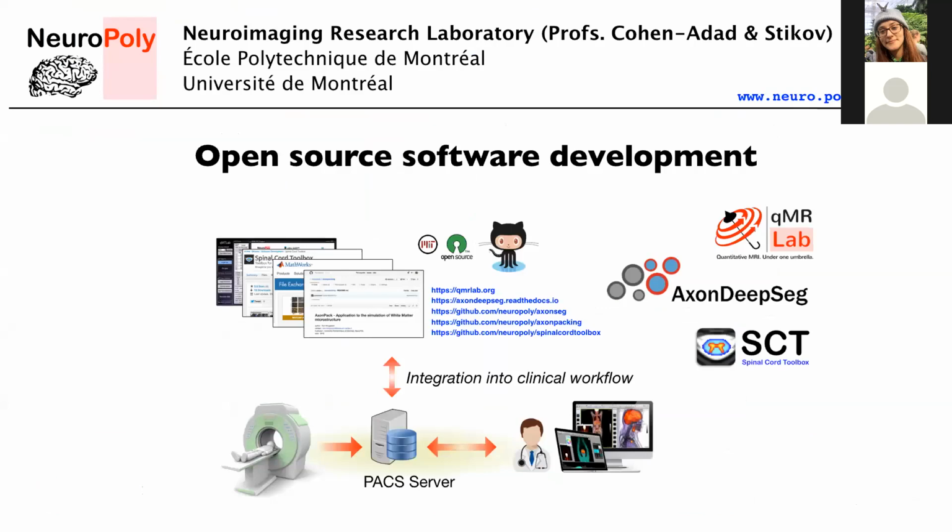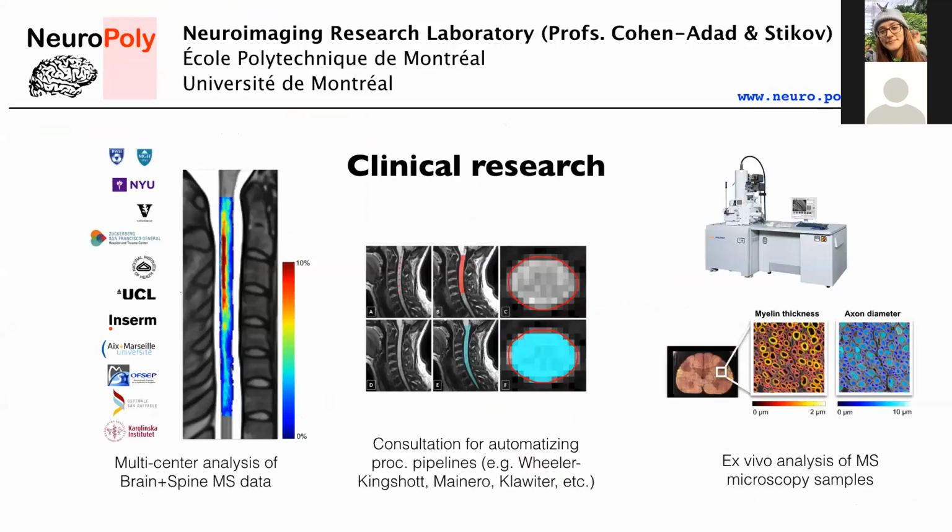And of more interest to you, we are also developing and maintaining open source software for analyzing medical image data, mostly coming from MRI, but also from histology. And lastly, we are also engaged in collaboration with clinicians in order to translate those open source tools, get feedback and improve our developments.